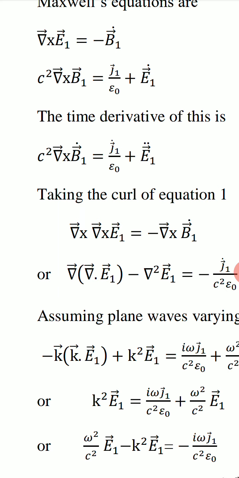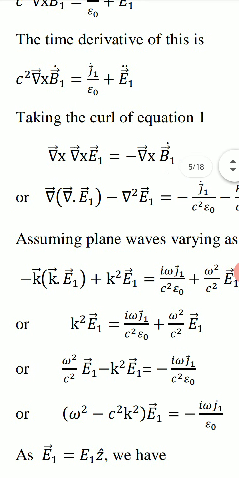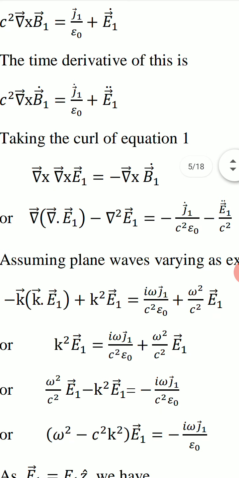And then we have minus A dot B times C. A dot B is del dot del, which is del square, and del square times E1. So the left-hand side will become del of del vector dot E1 vector minus del square E1 vector.